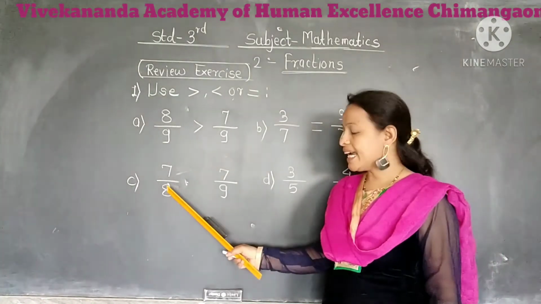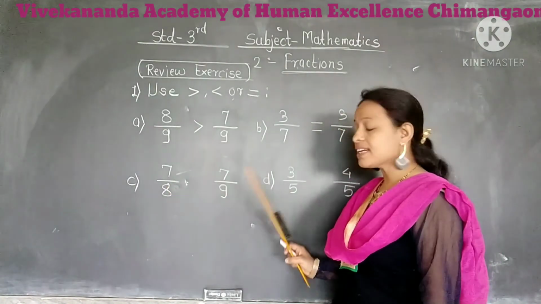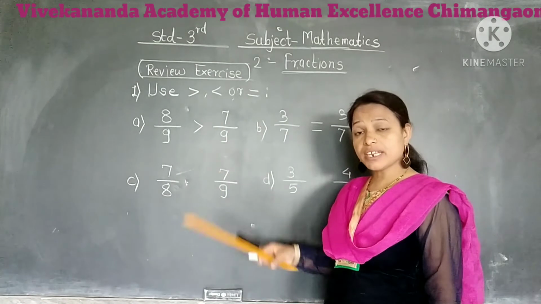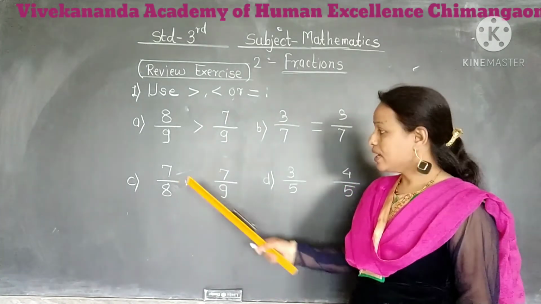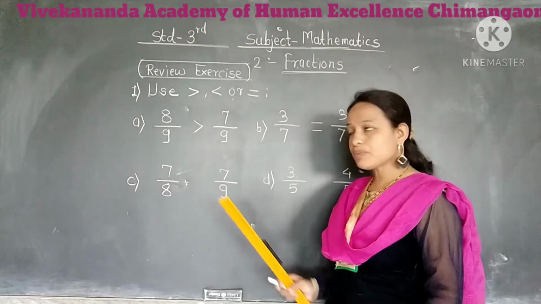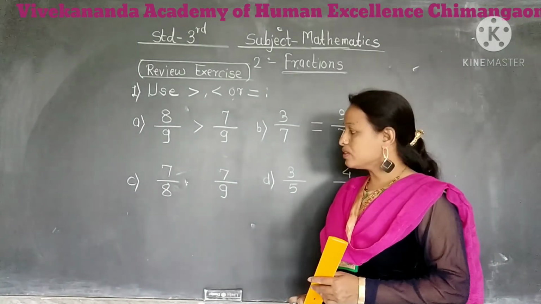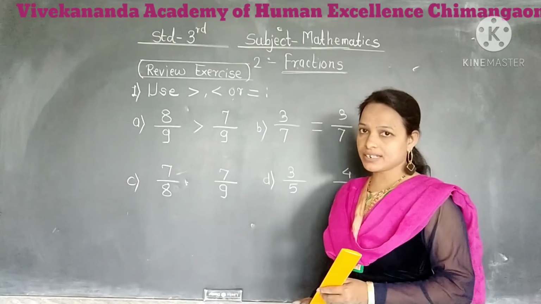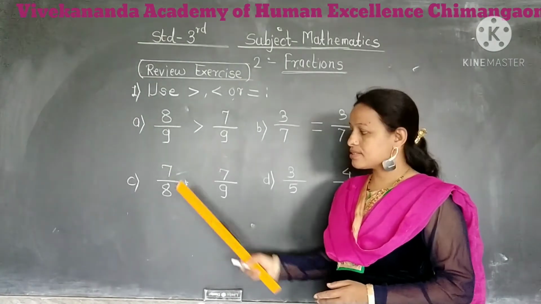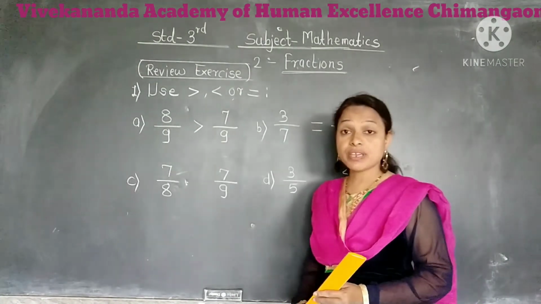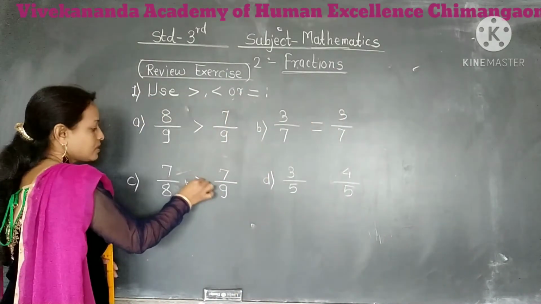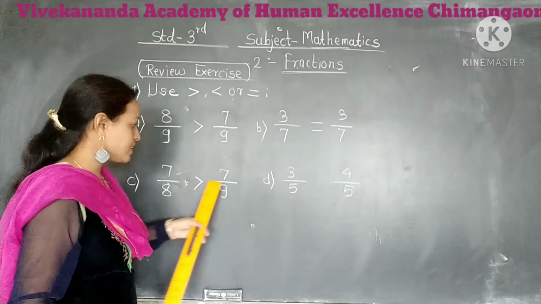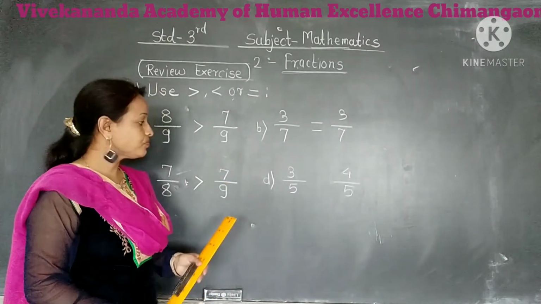So here 8 is smaller than 9. Whose denominator is smaller, that fraction is greater. So of 7 upon 8 and 7 upon 9, 7 upon 8 is greater. Why? Because its denominator is smaller. We have learned that rule. So here we use this sign: 7 upon 8 is greater than 7 upon 9.